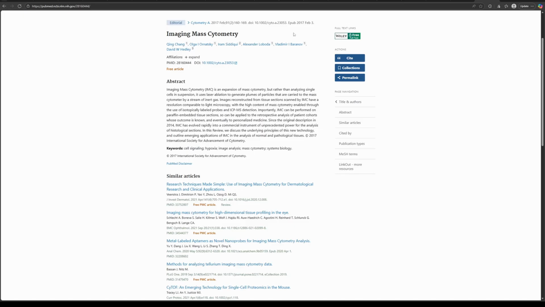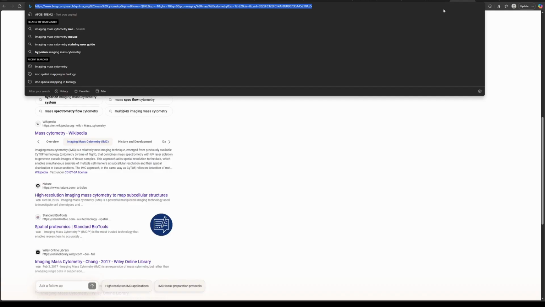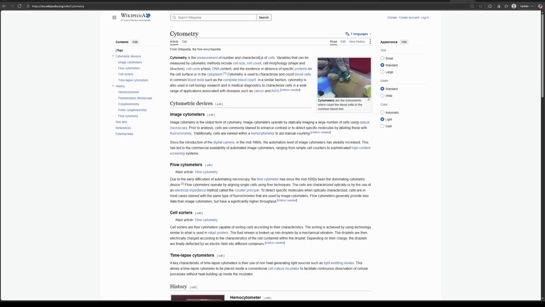I guess we would need to know what cytometry is first. Measures the number and characteristics of cells.